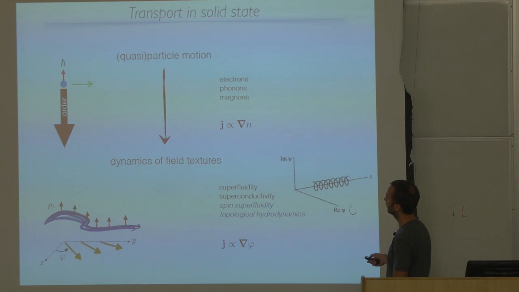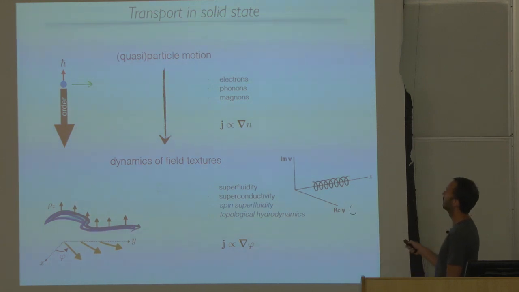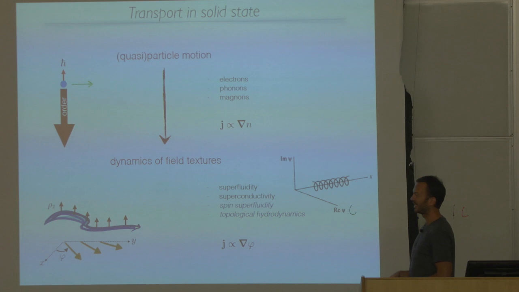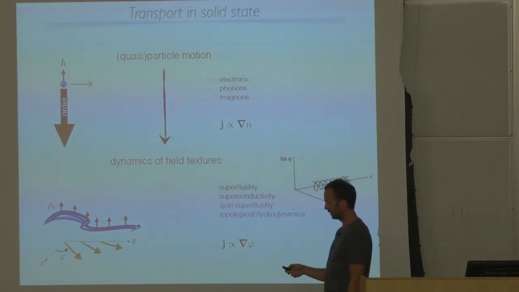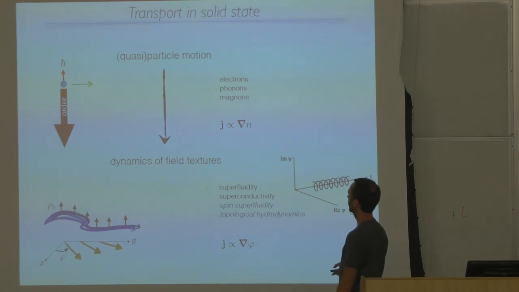They don't have to be elementary particles; they could be quasi-particles like phonons or magnons moving around, and at the simplest level, there's quite a bit of scattering in solid state, so that motion would be diffusive, at least as a starting point of thinking. So you would imagine fluxes associated with this transport to be proportional to gradients of some local, meaningful, measurable quantities, such as densities, like particle density.